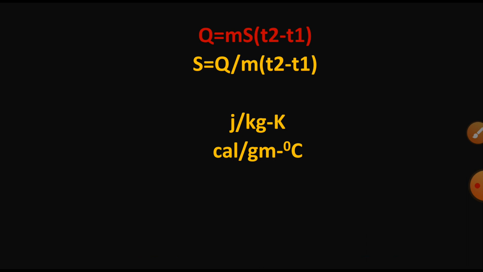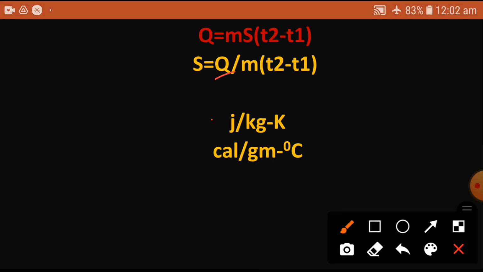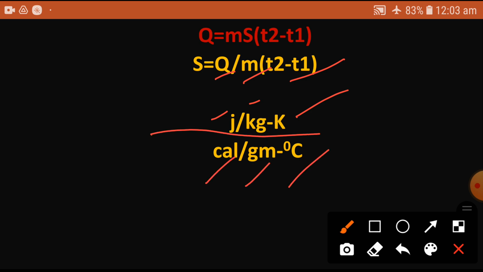Now we have to write the units for specific heat. Based on the formula, we have to write the units. Q by m into T2 minus T1. Q means joules, mass means kgs, temperature difference means Kelvin. In CGS it is calorie, gram, degree centigrade. So the SI unit is joules per kg Kelvin, and the CGS unit is calories per gram degree centigrade.